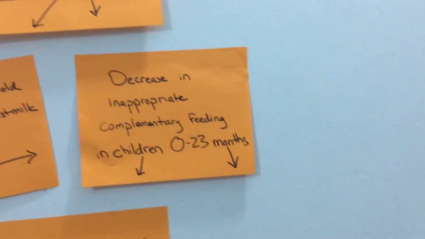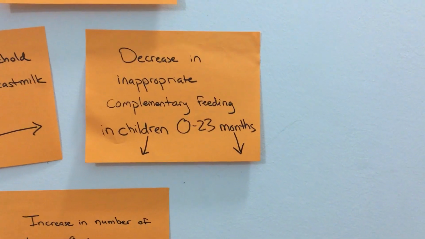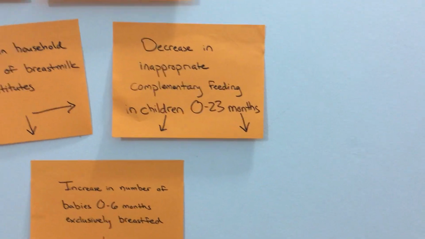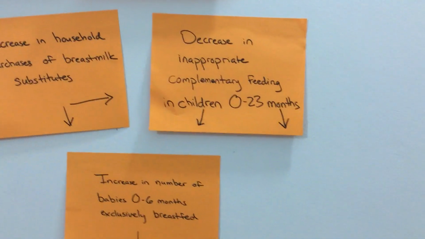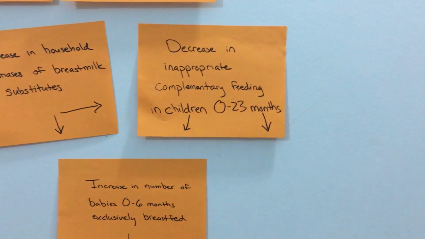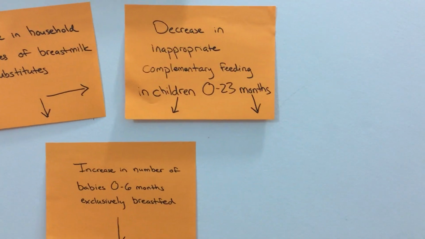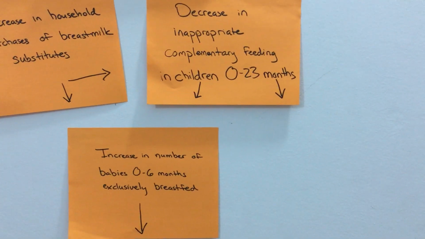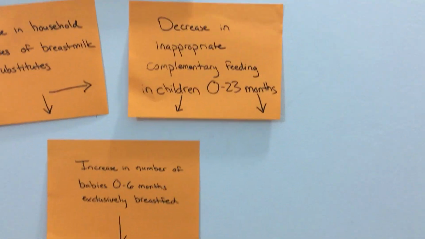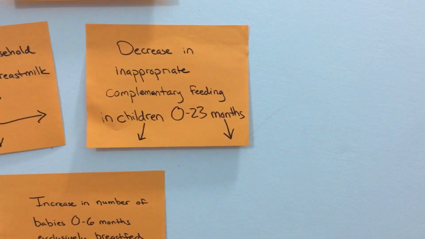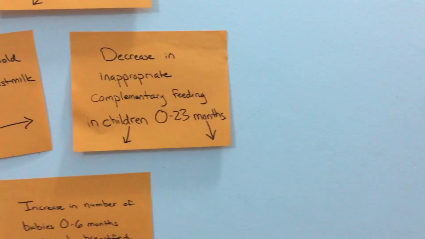What is inappropriate or appropriate complementary feeding? How do we know that this has actually happened? That's going to get fleshed out in working with indicators. So we're going to get more specific about what indicates to us that this outcome is being met. So I think I'm going to go ahead and put this one down for my evaluation plan as well.